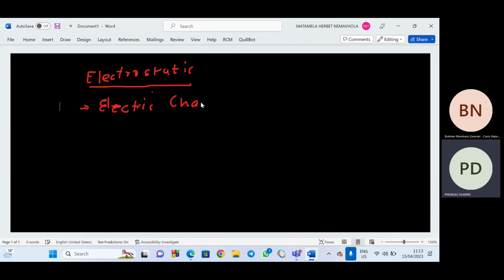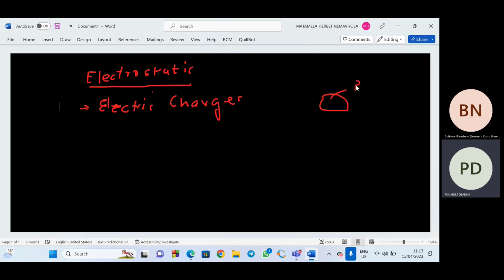Electric charges. You must remember that when we talk about electric charges, if you have matter, or an object, or anything, it will have particles.